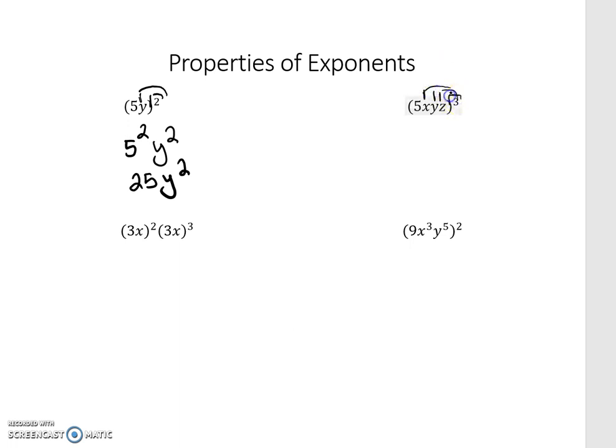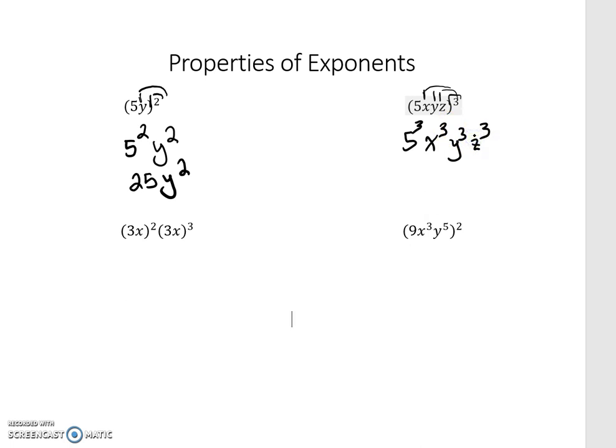It can get a little crowded as we go. Okay, but here we have 5 to the 1 times 3, which is 5 to the 3, x to the 1 times 3, which is x cubed, y to the 1 times 3, which is y cubed, and z to the 1 times 3, which is z cubed.